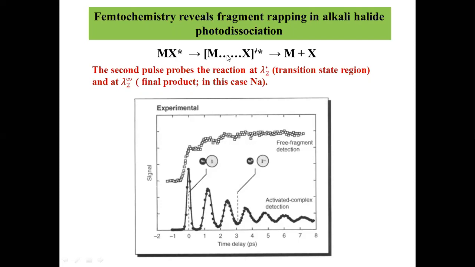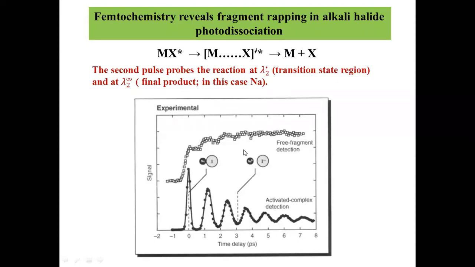We are going to get a signal if we probe this. This is called a transient species, and then after a certain time it is going to get dissociated. Then we can probe the metal also, sodium, right? So we can have two types of signal, and we can see what is going to replace what.